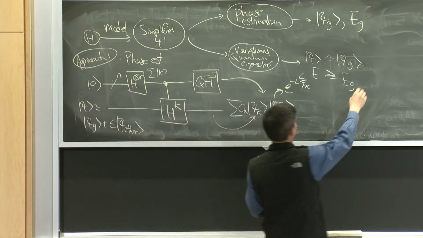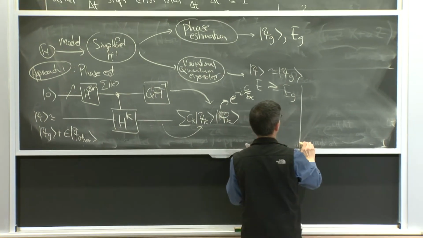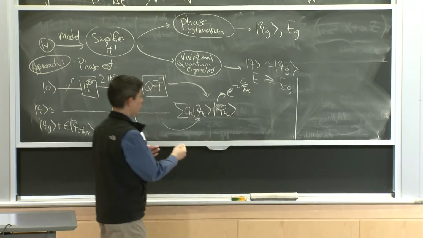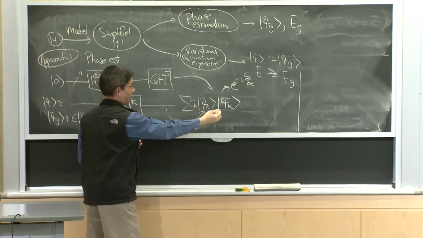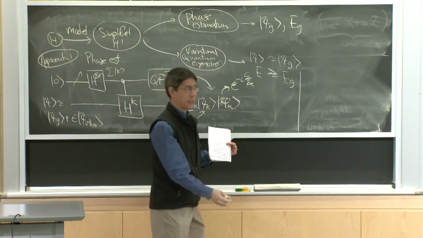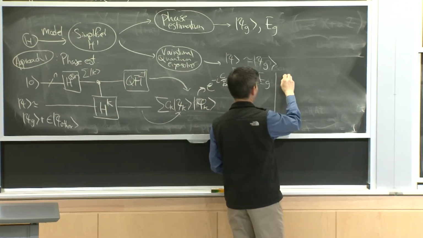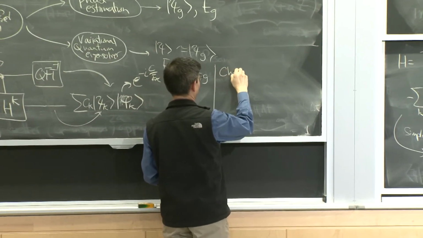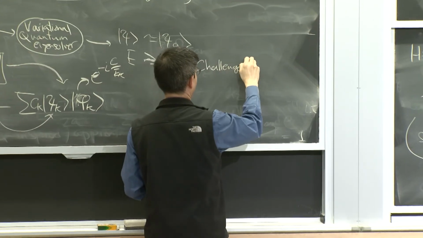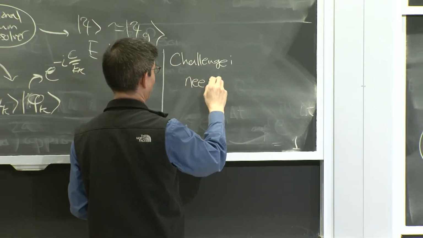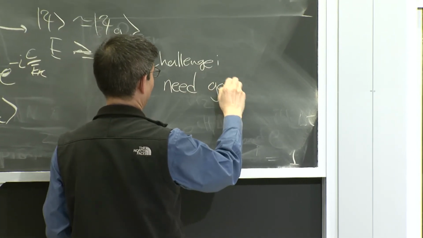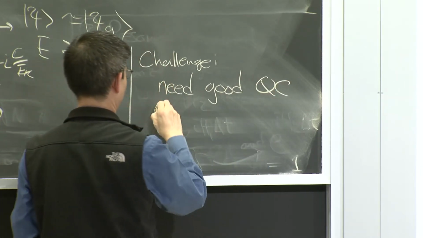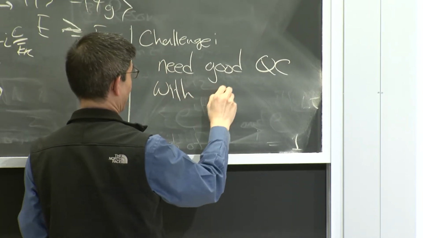Why is this challenging? Well, first, it's good because you get the eigenstate and the eigenenergy, the ground state, right away. But the challenge is that you need a perfect quantum computer with long coherence times.